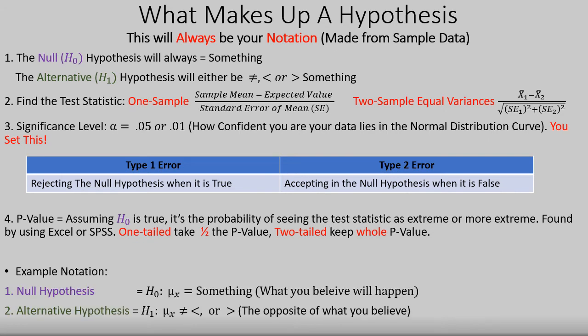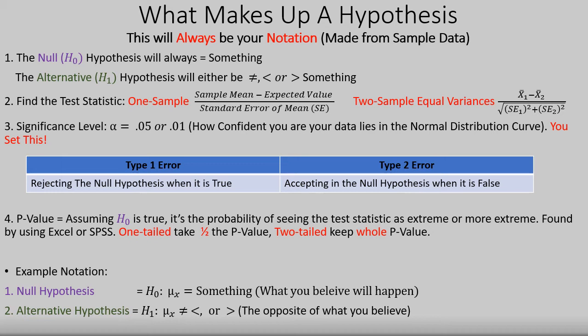So let's look at how a null hypothesis and alternative hypothesis are generated. They're almost identical, just going to be slightly different. So you'll notice it says H subscript 0, followed by the population mean of X, equal to something. So note it says equal to something for the null hypothesis.